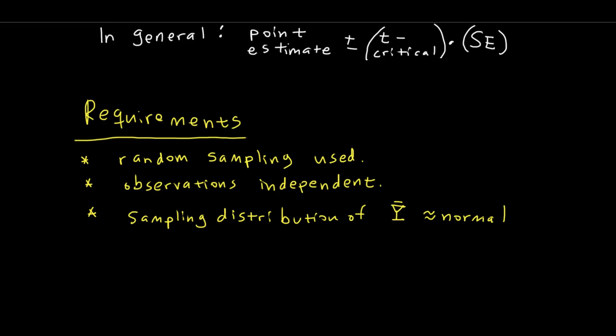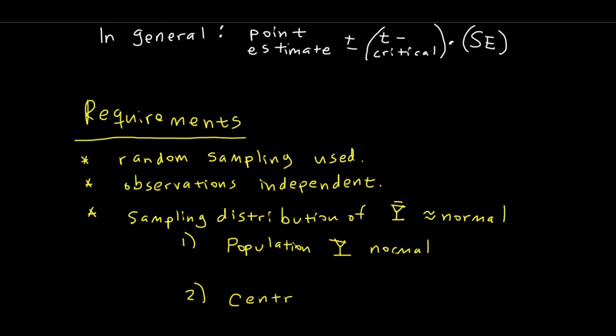And that can be verified in one of two ways, or I suppose both ways. So if you were given some information that the original population is normal, so I'm going to say population Y is normal, then that would satisfy that the sampling distribution of the sample mean should be approximately normal.